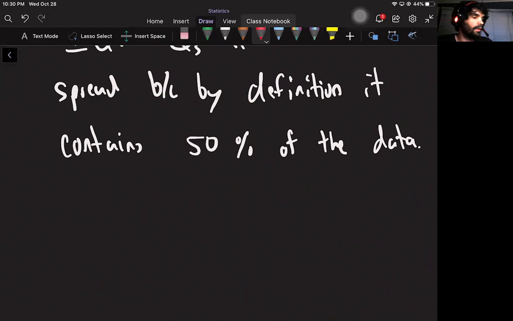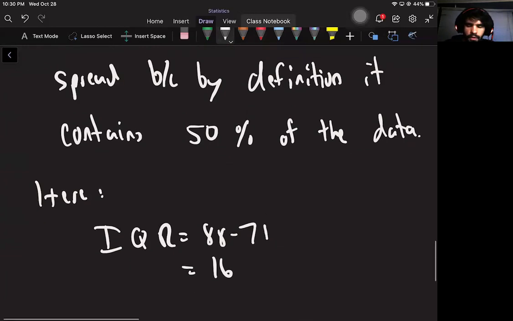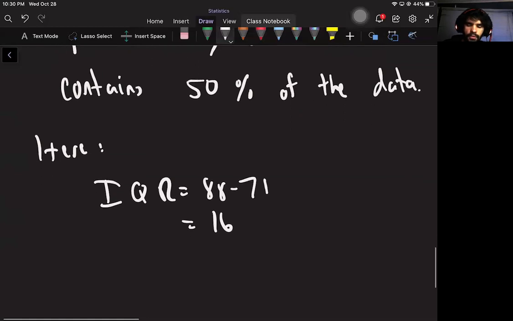So in this case, let's calculate the IQR for this example. It would be 88 minus 71, which is 17. So what's good about the IQR for measuring spread?